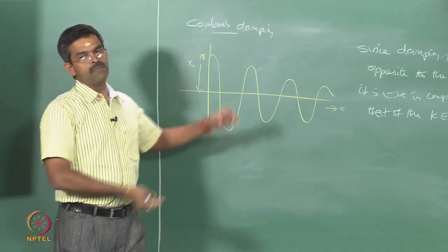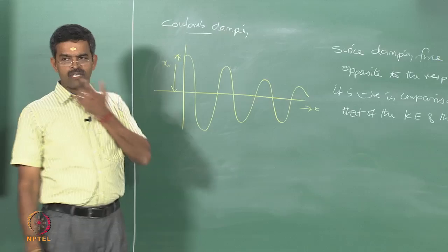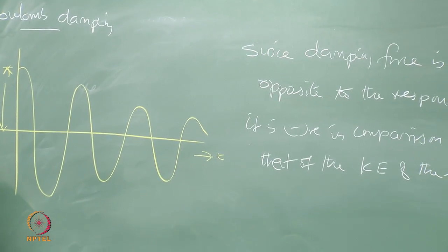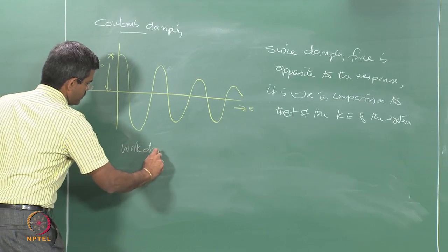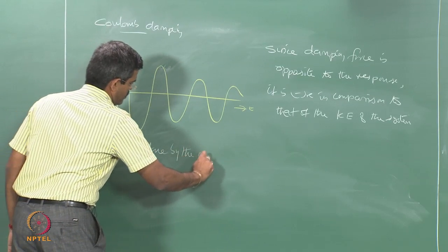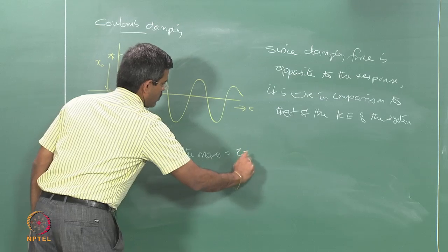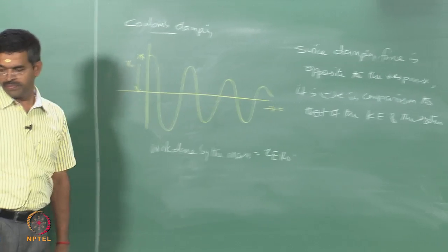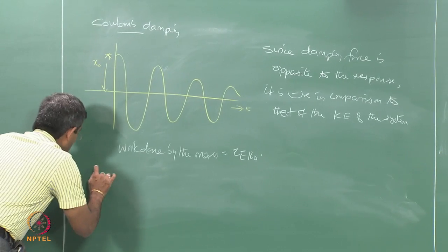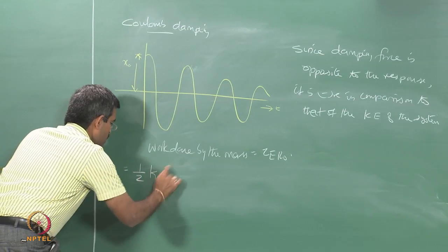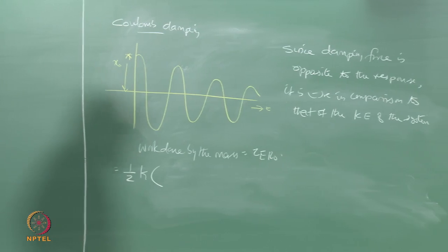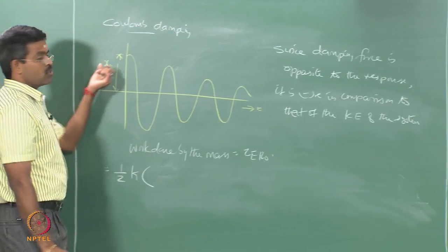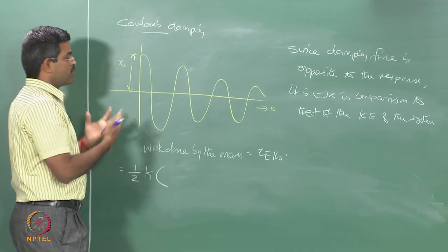Now, let us see what is the total energy present in the system in a frictional damping like this. We all know that the work done by the mass should amount to 0. So, let us say what is the work done by this mass. One is half m v square, which is the kinetic energy, where we do not have initial velocity, it is 0. So, we do not have the kinetic energy because velocity is 0.